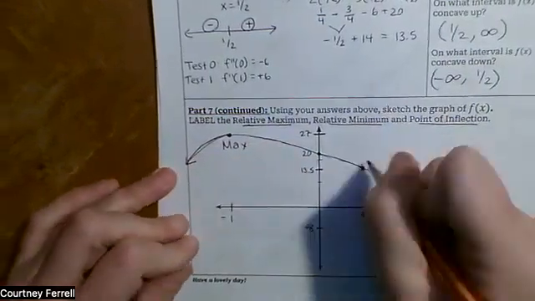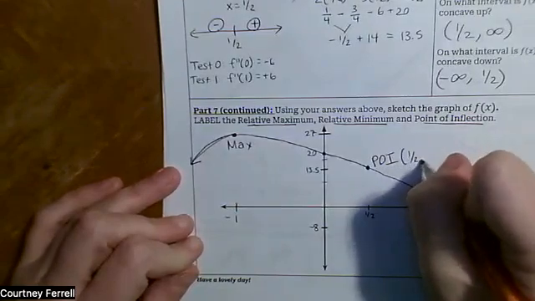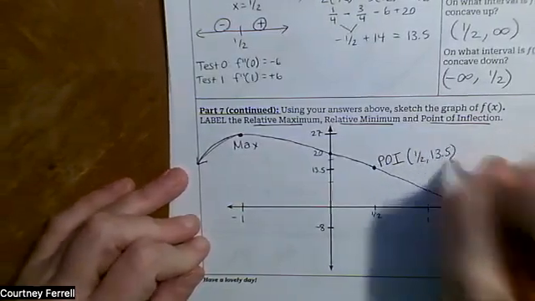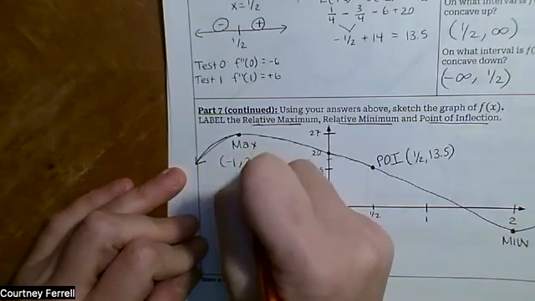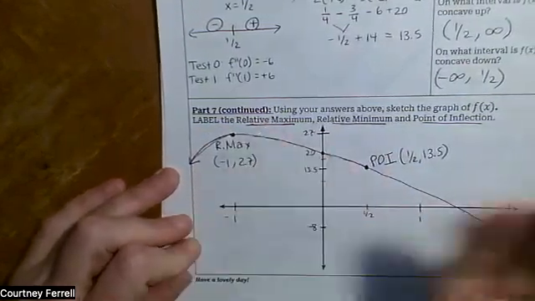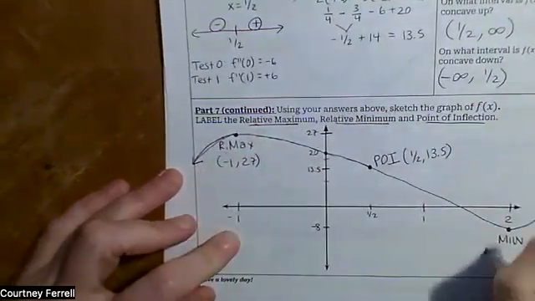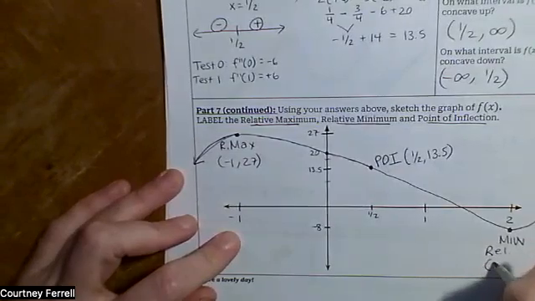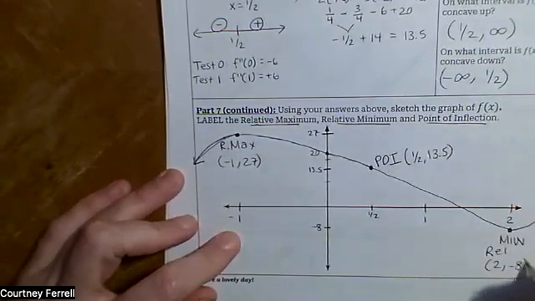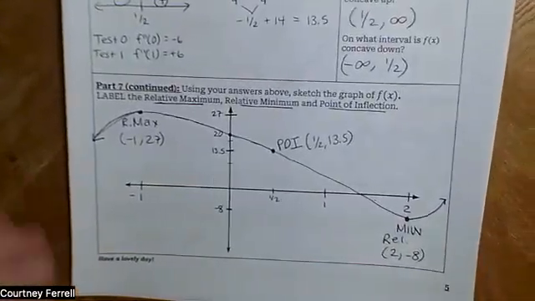I need arrows, and I know this is a point of inflection, or a point of concavity, and I want to label them with their values. I'm going to put R for relative max, because the real max is over here. It's infinity, but relative max. And then relative min, and that was -8. Cool. Okay, that is the test.